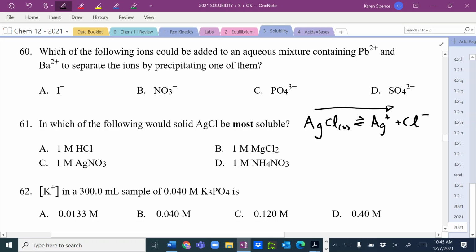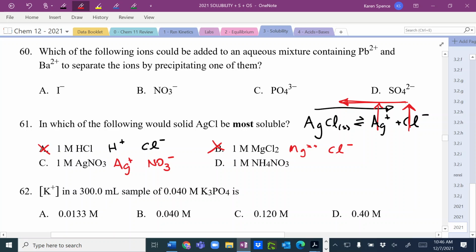So if we were to add HCl, that would be adding H+ ions and Cl- ions. Uh-oh, that would shift it the wrong way. MgCl2 would produce Mg and Cl, which would cause Cl to go up, which would cause it to shift the wrong way. AgNO3 would produce Ag+ and NO3-, which would make Ag+ go up, which would cause it to shift the wrong way.